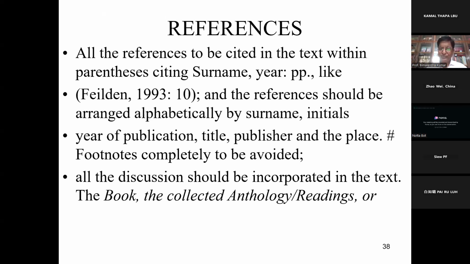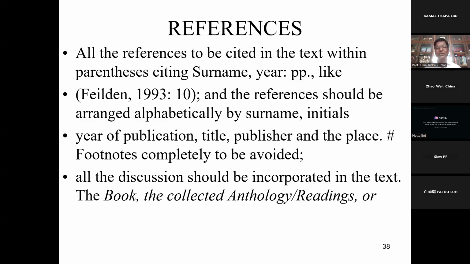All the references are to be cited in the text within parentheses, citing surname, year, page. Generally page number is also given. So this is the idea. Under the parenthesis, you have to put the surname of the author whenever there is a running thesis or running dissertation, suppose there is Fieldman, the surname, the year of publication, and the page number.